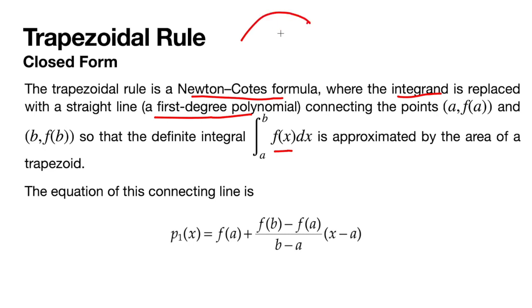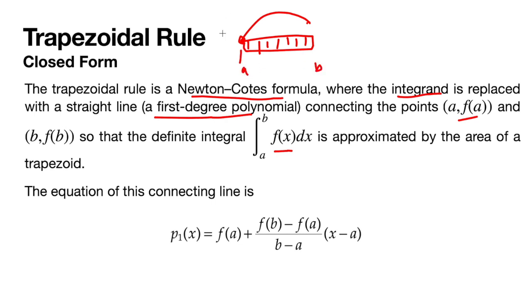Basically, in the rectangular method we calculated the area of this. For example, if we use the left hand point method, we calculate this area. So this is the point a, f of a. This is basically a and this is b.